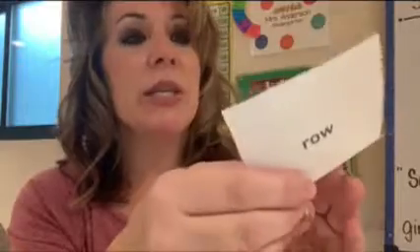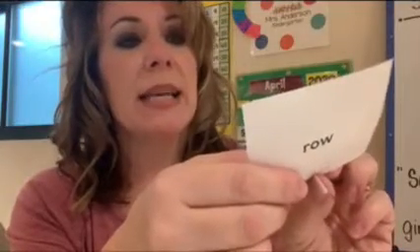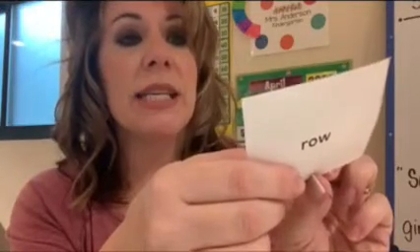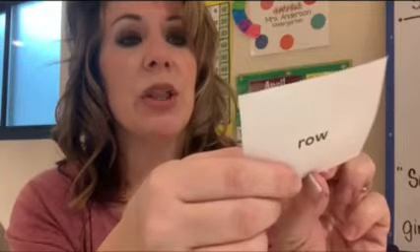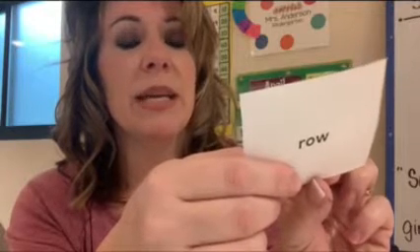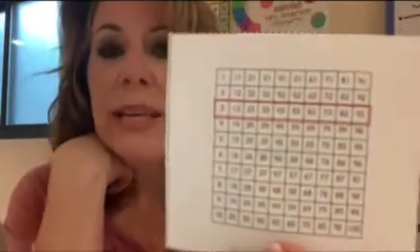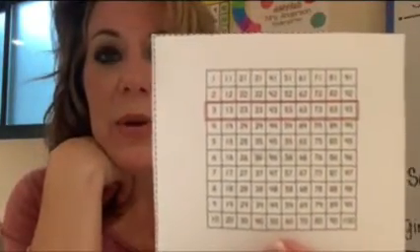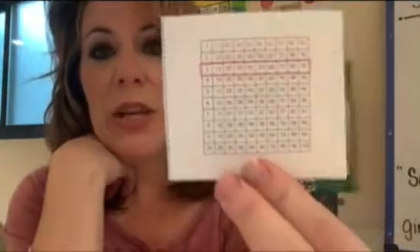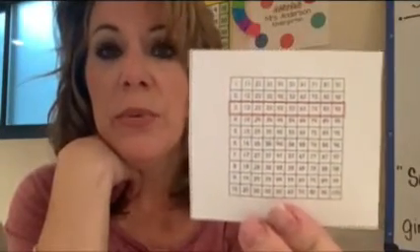Okay, so in this row, we're taking a look at 3, 13, 23, 33, 43, 53, 63, 73, 83, and 93. Now, what's changing in that row? We start with 3 and then we go to 13.